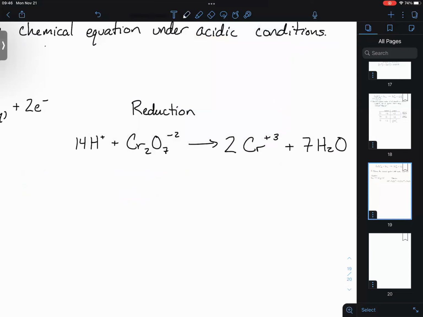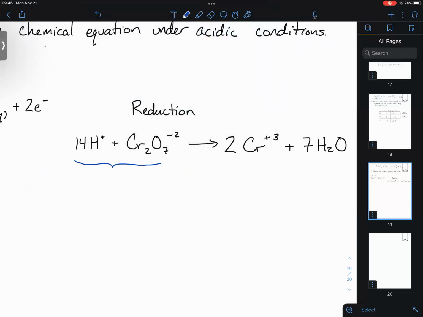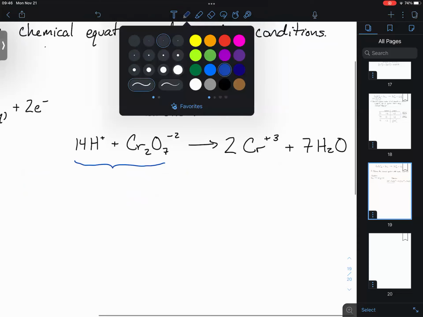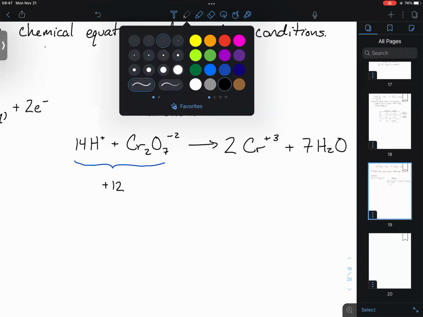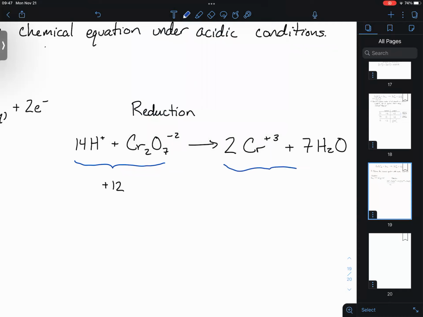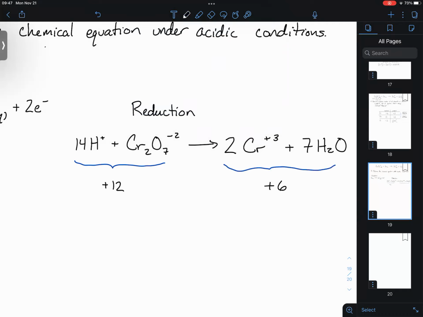All right, if I look over here, I have 14 positively charged protons, -2 for my dichromate charge, so that's +12 over here. And if I look over here, I have 2 of those chromium 3s, so this is +6.